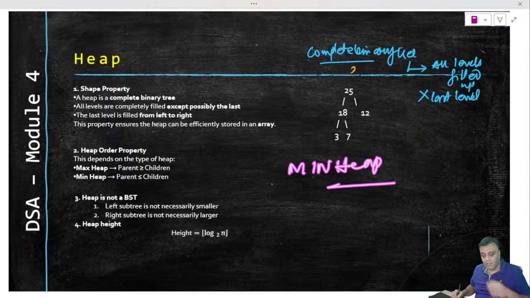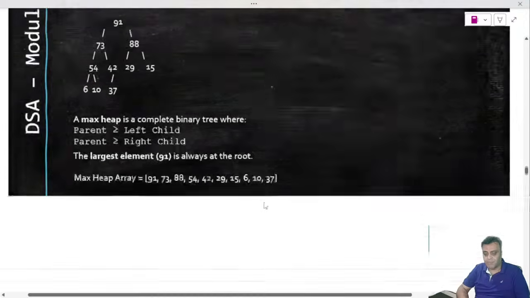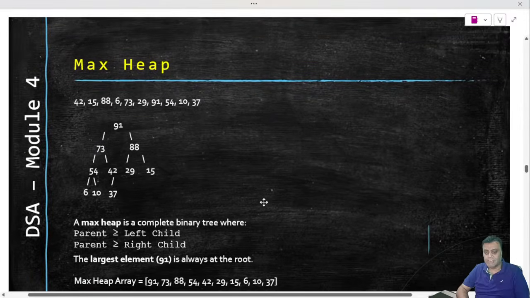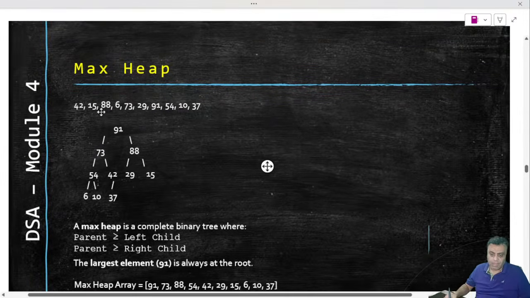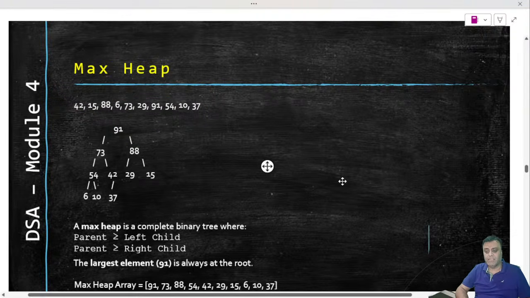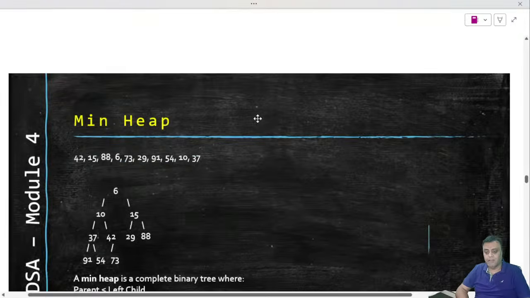So if we go to the max heap and min heap, this is an example of your max heap, where we are saying that if this array is to be converted to a heap, then by the process of heapify we will convert this into a max heap.